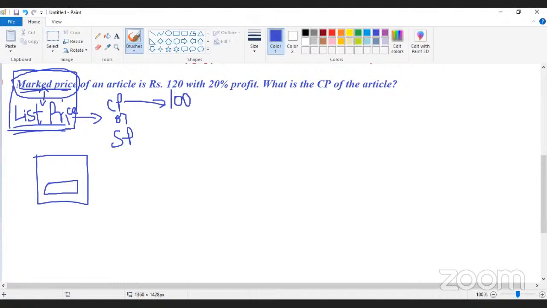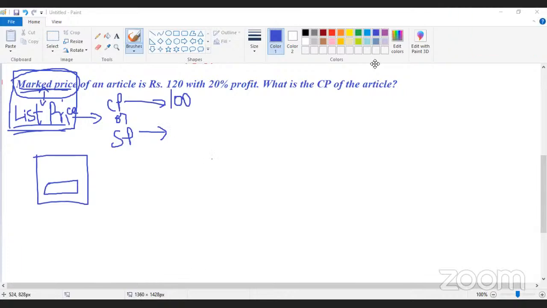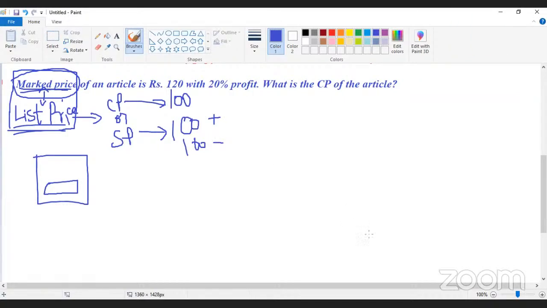So selling price always in percentage, what is it? Selling price will be always either 100 plus or 100 minus.